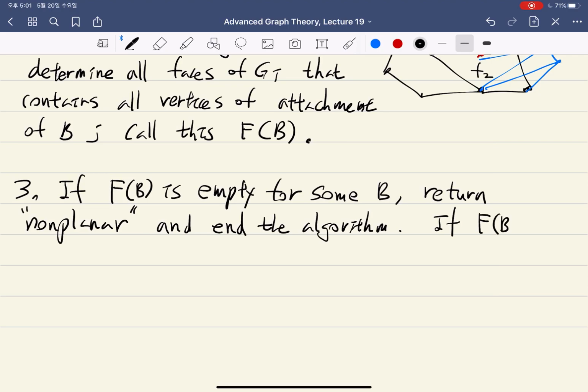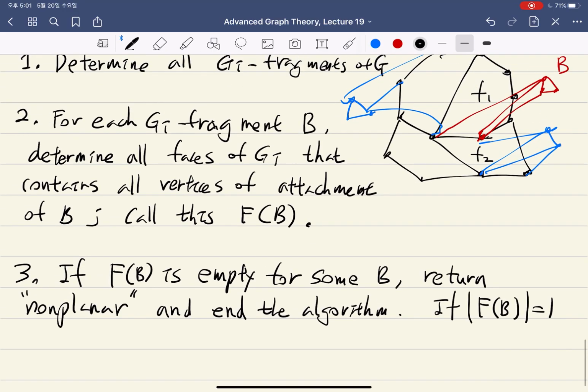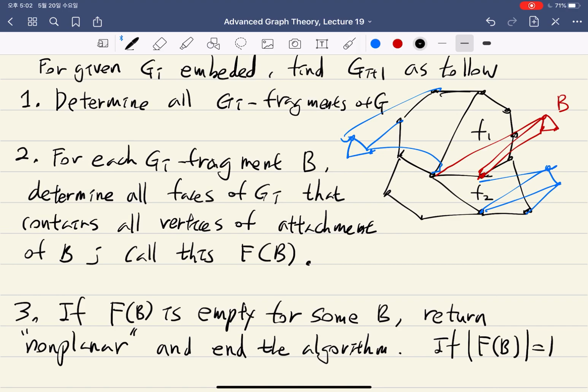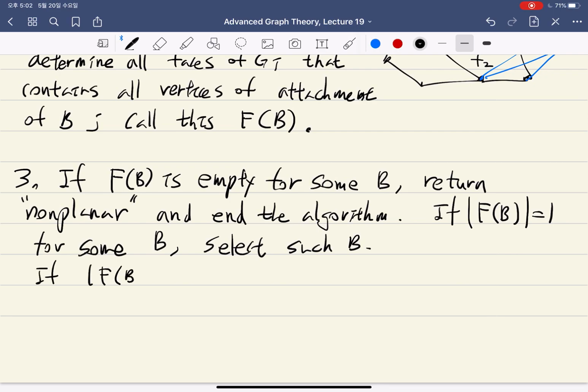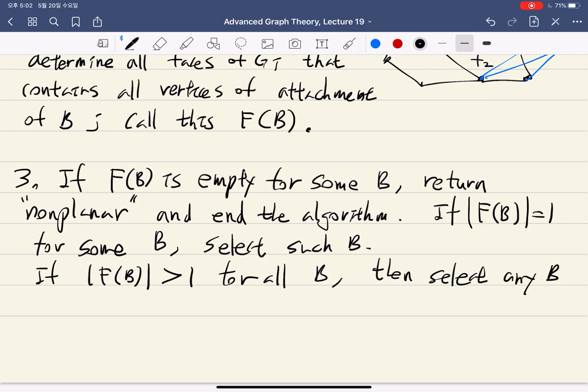And if the size of FB is 1, so there exists one fragment which is attached to only one face, for example, here, this fragment is attached to only here, for some B, then we select such B. And if the size of FB is bigger than 1 for all B, then we select any B.